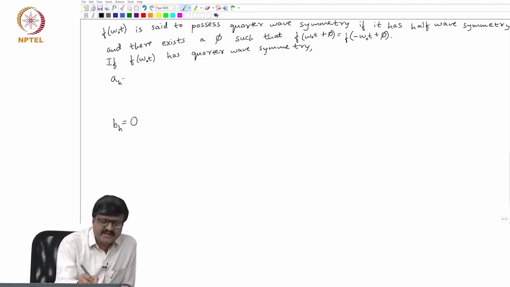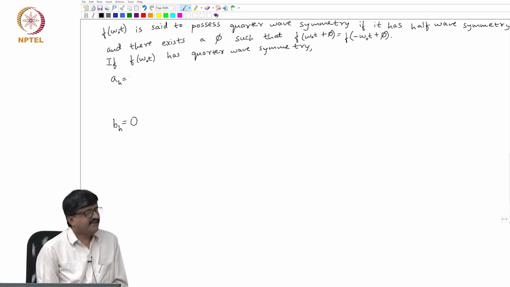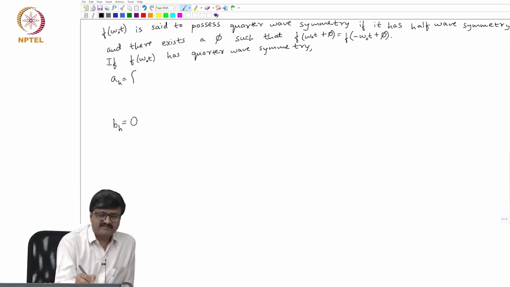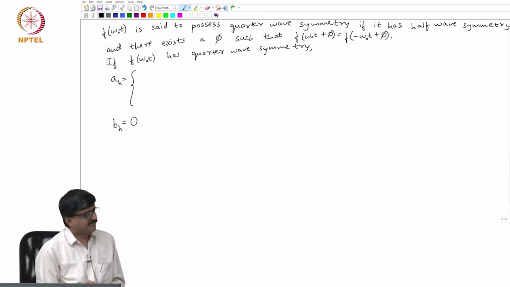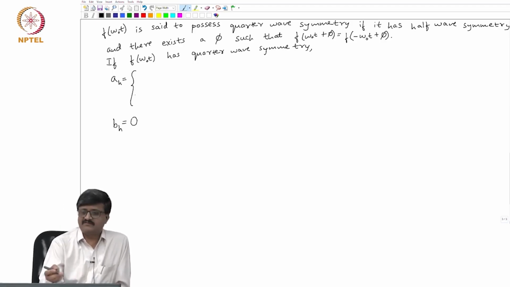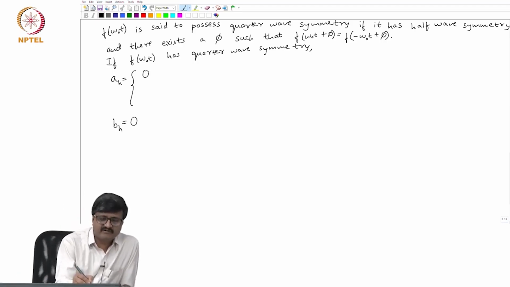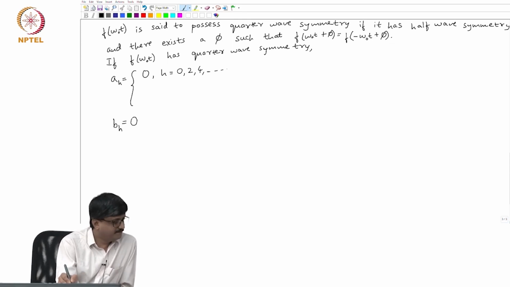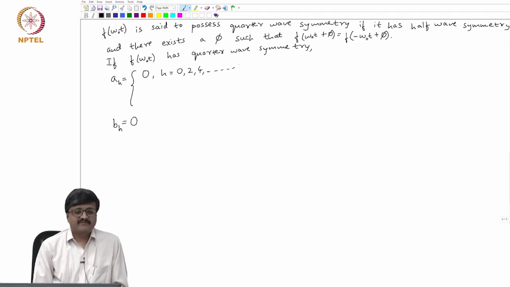Now, when it comes to AH, I need to again consider two sets of values. For some values it is 0, of course, it has half wave symmetry. So, it is 0 for h equal to 0, 2, 4, 6, and so on. For h equal to 1, 3, 5, again there will be a simplification.